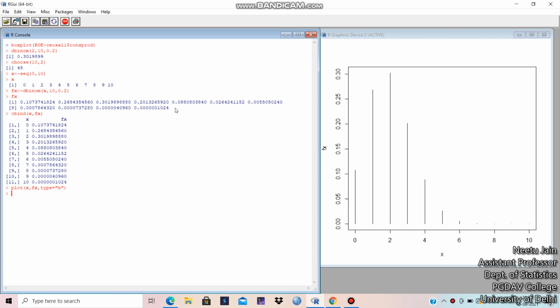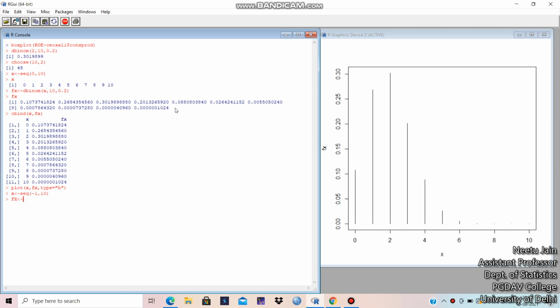CDF. Let's take x equal to the sequence from minus 1 to 10. And now the CDF, capital Fx.